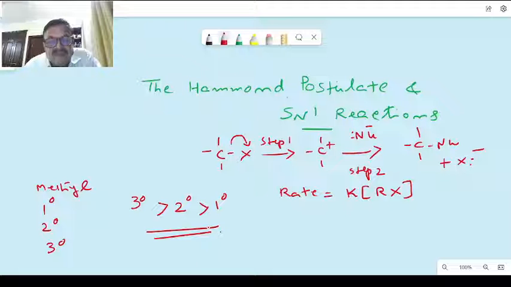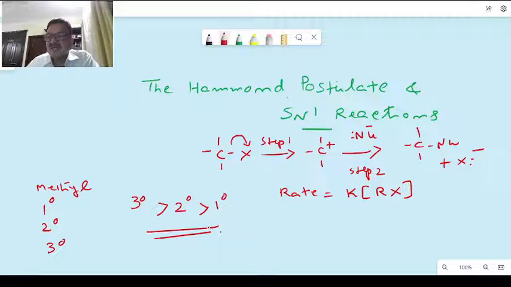The tertiary carbocation is the most stable one. That is, the rate of an SN1 reaction increases as the stability of the carbocation increases. That is our conclusion here.